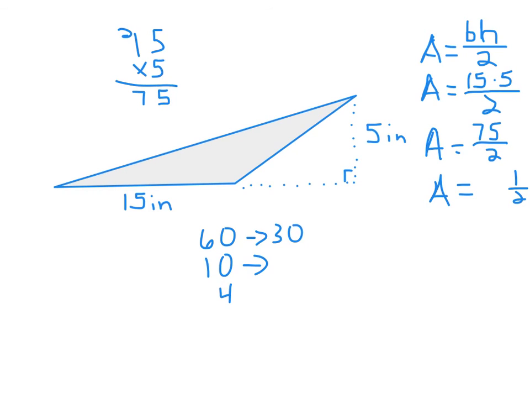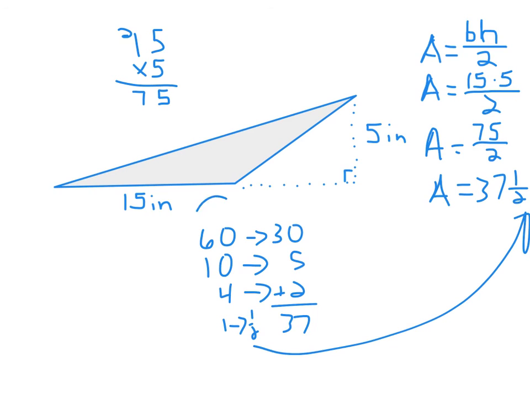Half of 10 is 5. And half of 4 is 2. So half of 74 would be 37, because if we add that together, that makes 37. So this is going to be 37 and a half, because that one other one I took half of already, that was the half. That's where that comes from. So these together make 75.